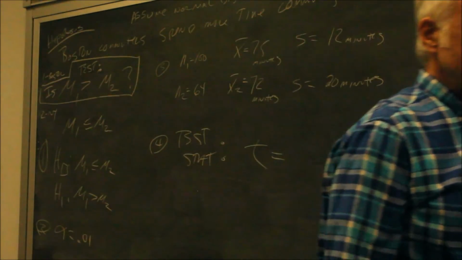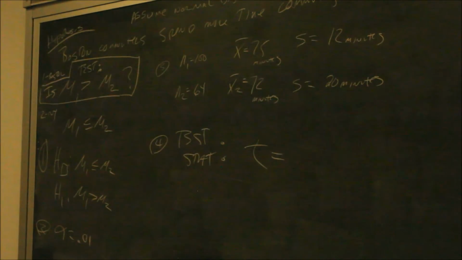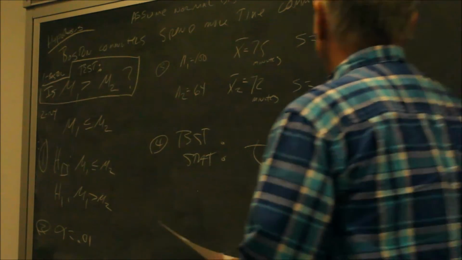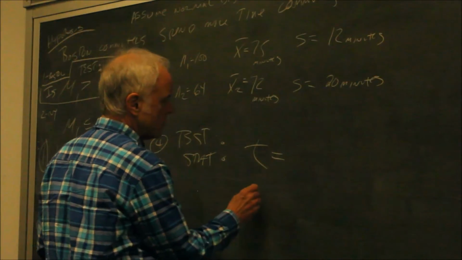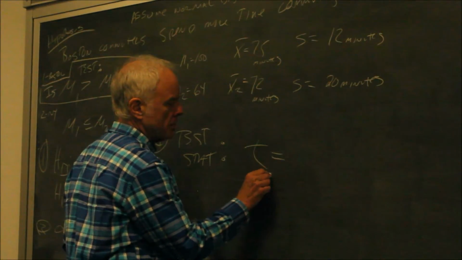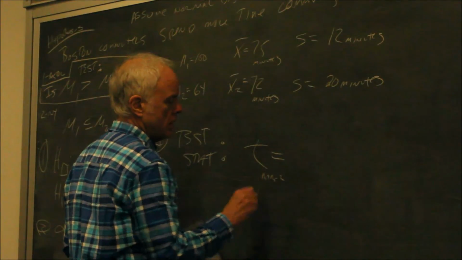And so what does this T calculation look like? It's T, and this little subscript is degrees of freedom, so it's N1 plus N2 minus 2.